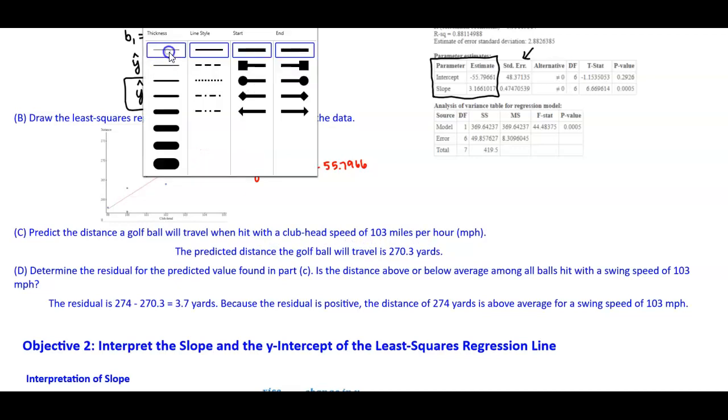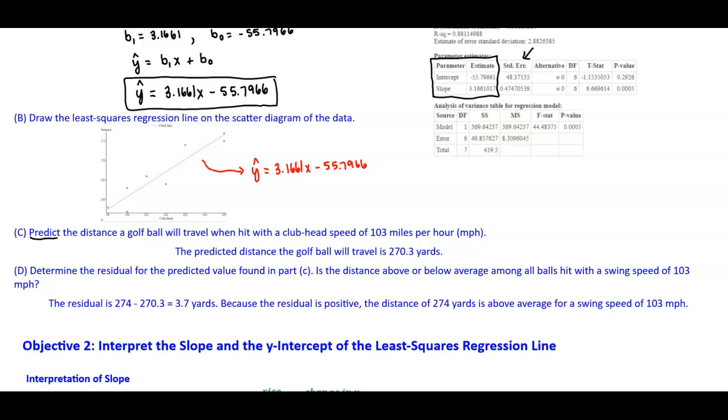When they're asking us to predict, that means the value of the club head speed is 103. So that's telling us that x should equal 103, and we're going to plug it into that equation. So y hat is going to equal 3.1661 times the value of 103 minus 55.7966. Let's calculate that on our calculator.